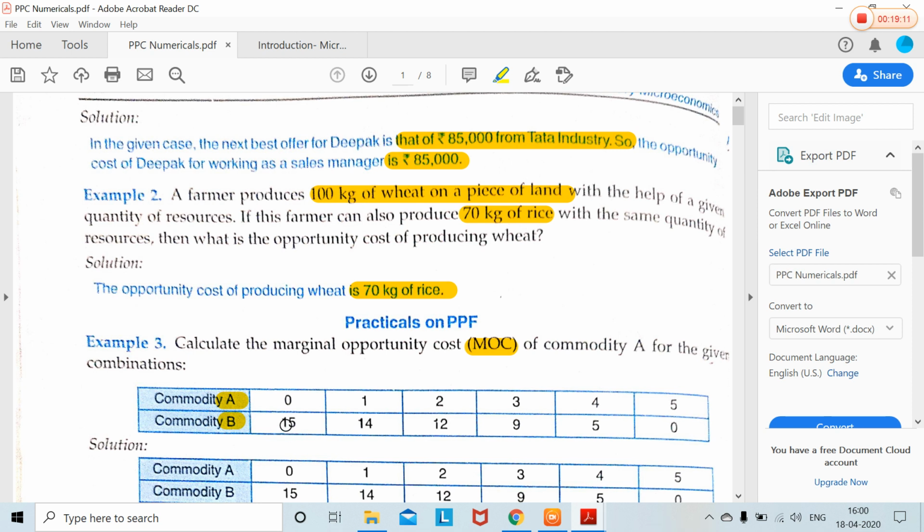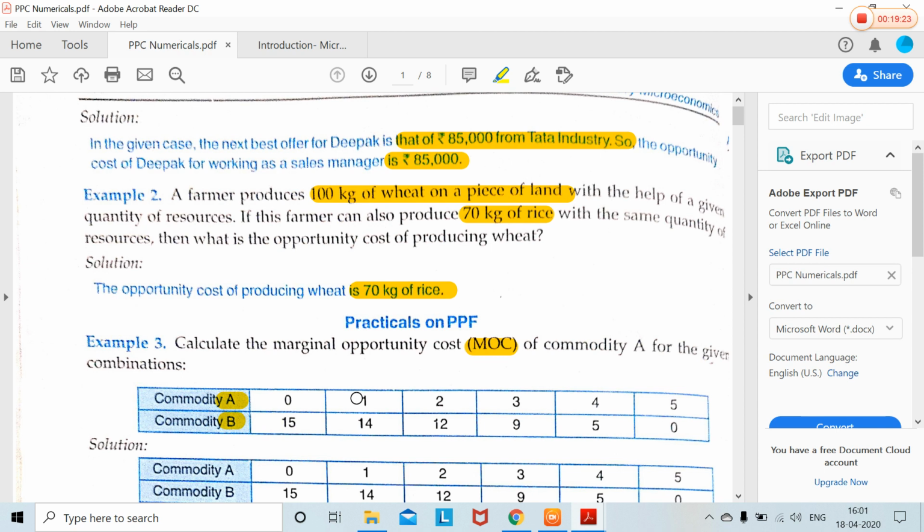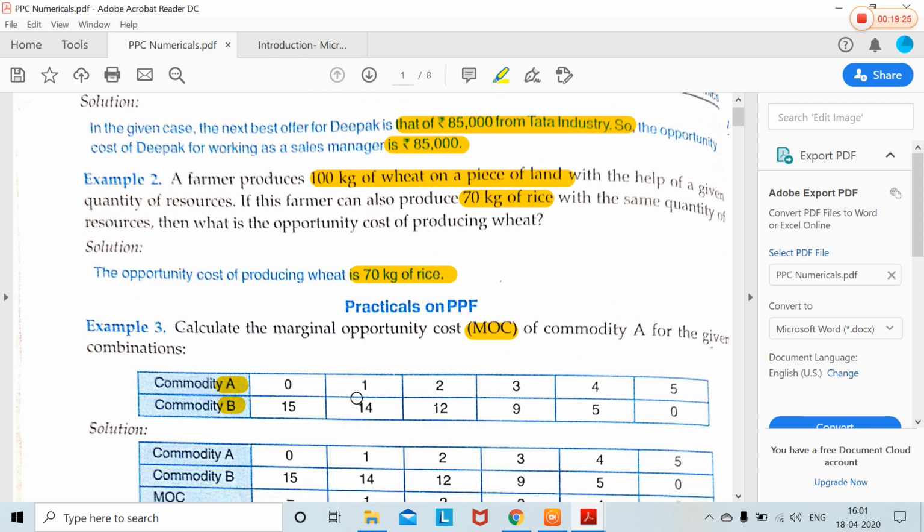Now going from 15 to 14, how many units have we lost? We have lost 1 unit. And how many units have we gained? We have gained 1 unit. So MOC is always mentioned in context with the gain of 1 unit.